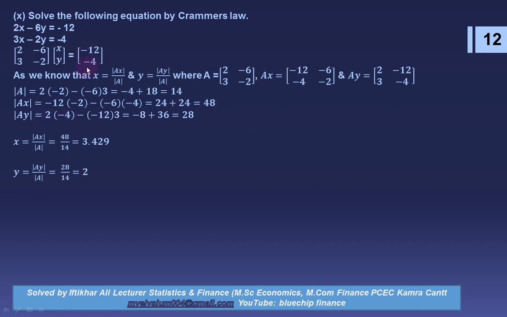Similarly, we take this column and place it here and take the determinant. So 2 multiplied by minus 4 minus 12 multiplied by 3, and it will be equal to 28. And simply put these three results into the formula: X equals AX determinant over A determinant, and Y equals AY determinant over A determinant. So X is 3.429 and Y equals 2.